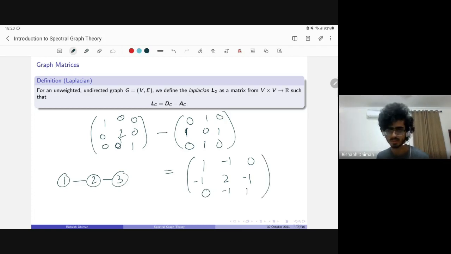So this will be the Laplacian of this graph. You might have seen the Laplacian in terms of Kirchhoff's tree theorem, but if you haven't, then just forget about it. These are just definitions, and it won't really help much.